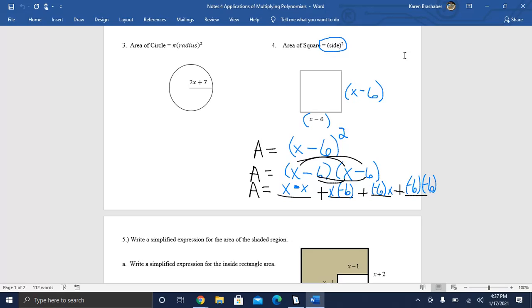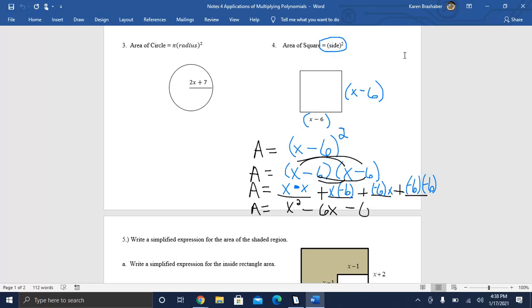So as we simplify the answer, area would equal, taking x times x, we get x to the second, plus, well, actually, since I'm doing an x times a negative 6, that will be negative 6x. And the same thing will happen on the next one.